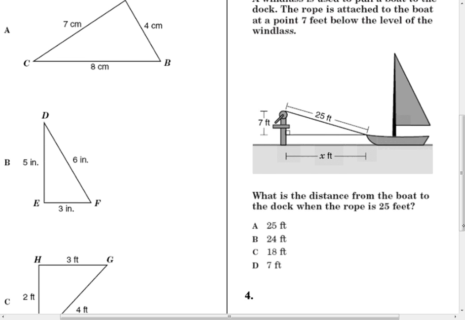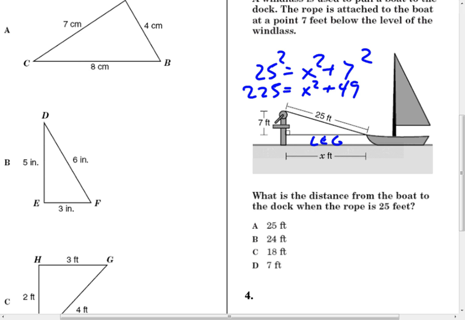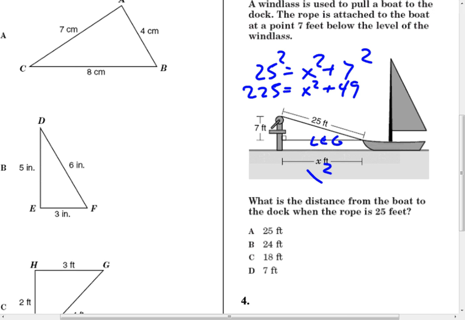And what are we looking for in this problem? Is this a leg or a hypotenuse? Leg. We're looking for a leg. So the setup would be 25 squared equals x squared plus 7 squared, 625 and 49 plus x squared. Equal to, what is that?